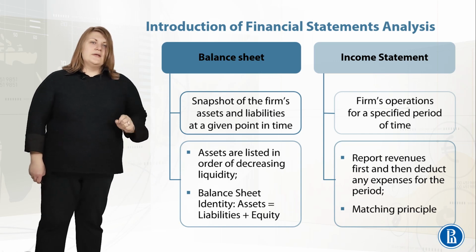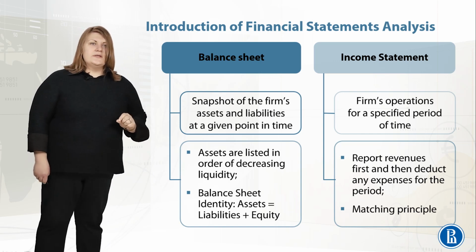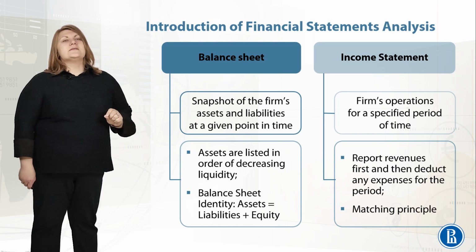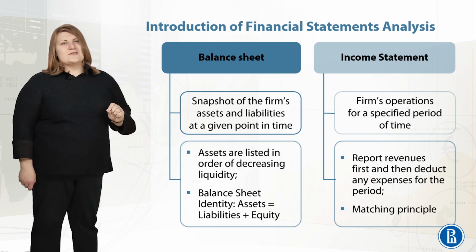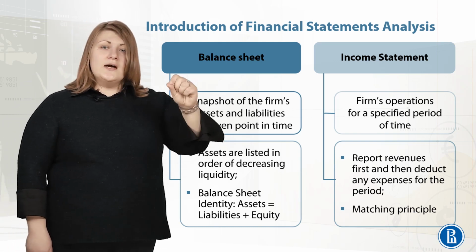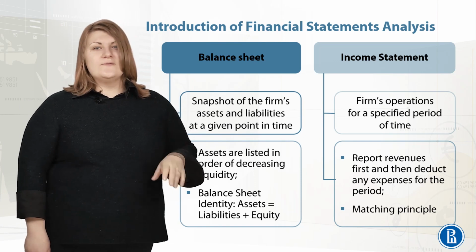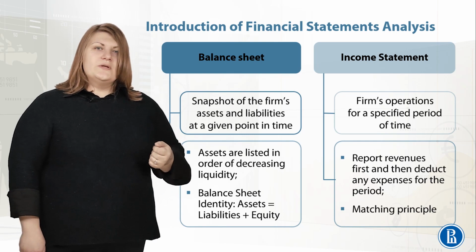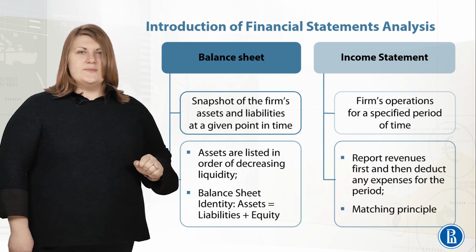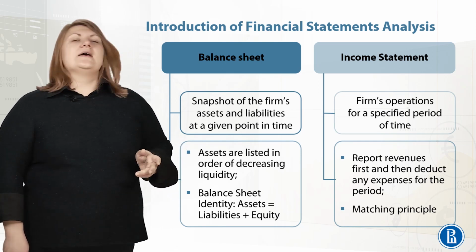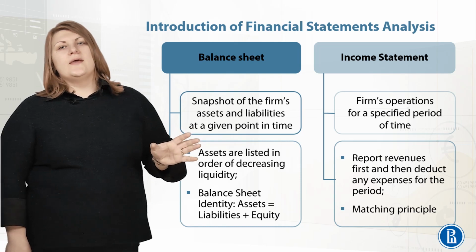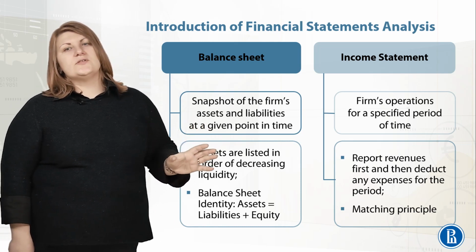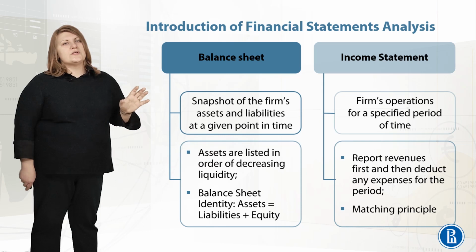But also, what the income statement tells us about is the revenues first, and then the deductions of the expenses for the stated period. The income statement will also follow the matching principle, which assumes that revenue will be recognized and matched with the expenses which are required to generate the revenue.